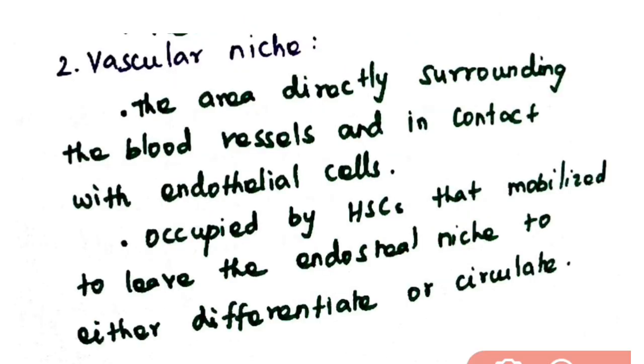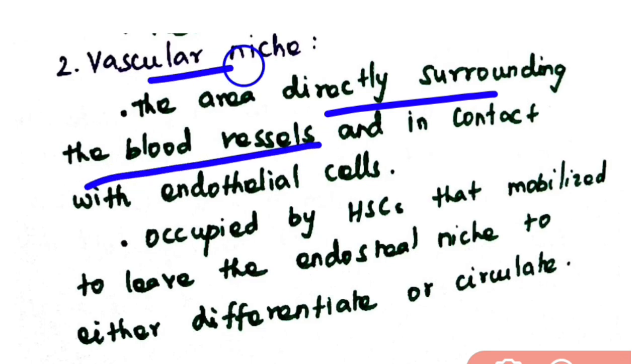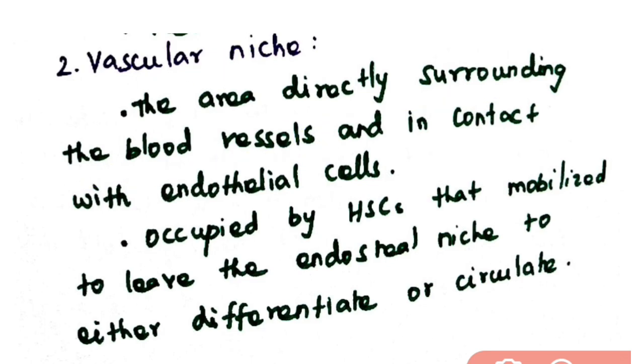Vascular niche is the area directly surrounding the blood vessels. Endosteal niche is the area directly surrounding the bone, that's why it's known as endosteal niche. But vascular niche is directly surrounding the blood vessels, so it is known as vascular niche. It is in contact with endothelial cells, which are the cells which line the blood vessels.